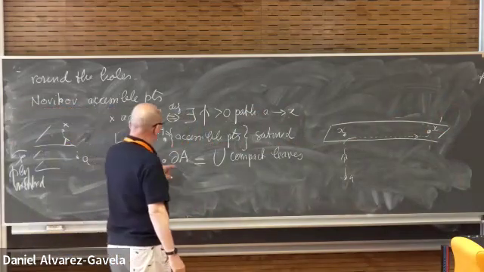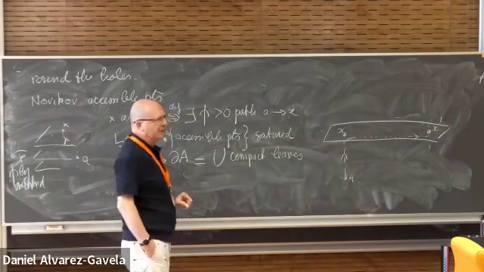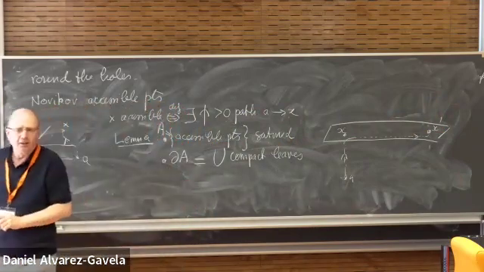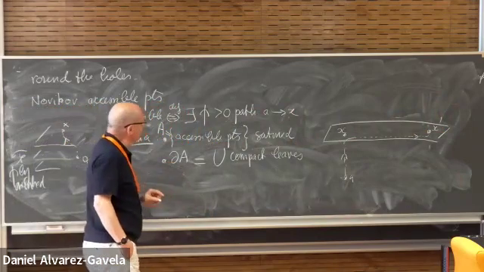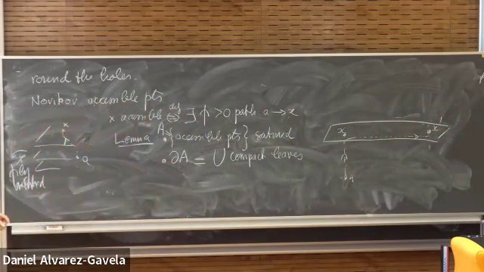And so the topological boundary is also saturated, also a union of leaves. I claim that all the leaves in the topological boundary are compact.